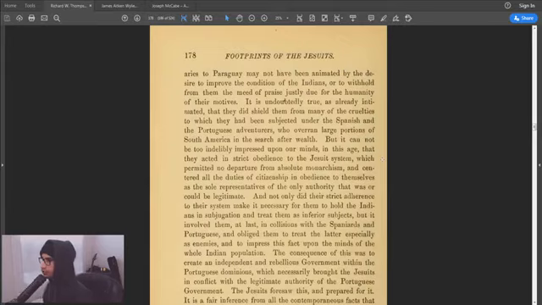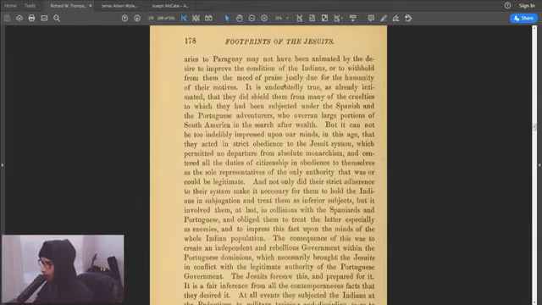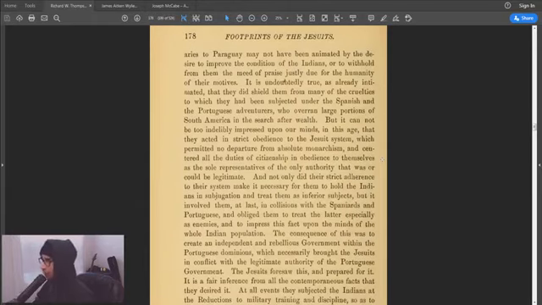And not only did their strict adherence to their system make it necessary for them to hold the Indians in subjugation and treat them as inferior subjects, but it involved them, at last, in collisions with the Spaniards and Portuguese and obliged them to treat the latter especially as enemies and to impress this fact upon the minds of the whole Indian population. The consequence of this was to create an independent and rebellious government within the Portuguese dominions, which necessarily brought the Jesuits in conflict with the legitimate authority of the Portuguese government.